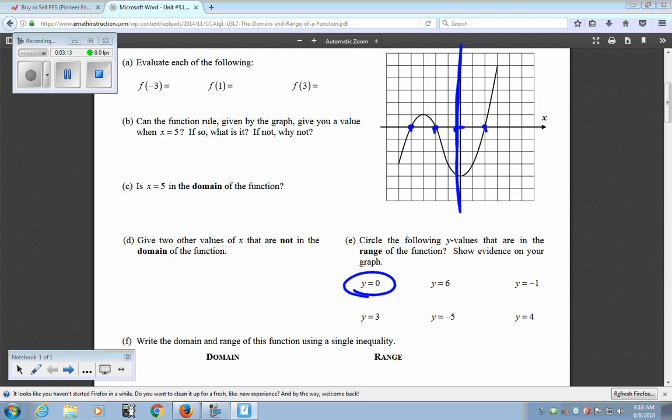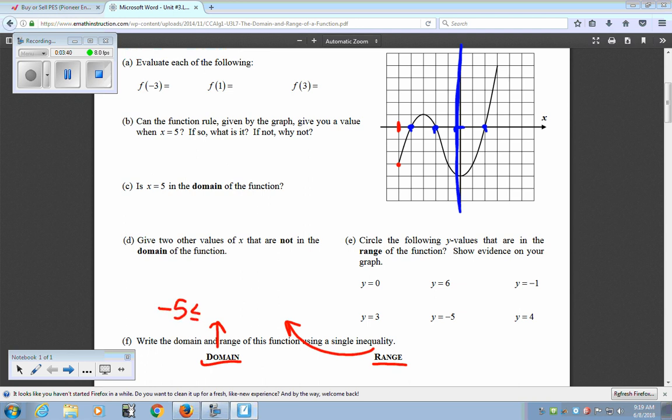Now, for the domain and range, I'm going to write the answers up here. You can write them below. I just want to make sure you can see the graph. The idea for the domain is you want to figure out how far left and right the graph goes. The leftmost point of the graph is here, so the first domain value is going to be 5 spaces to the left, which in this case would be -5.